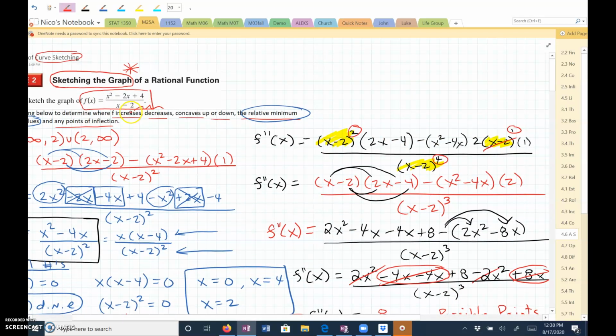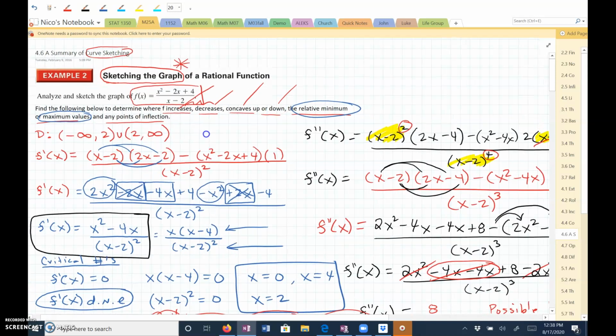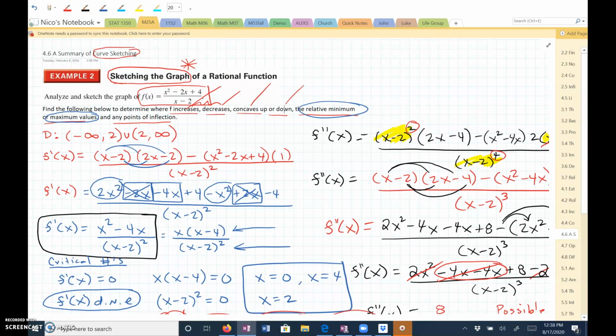Alright, so let's look here. We've figured out where the function is increasing, where it's decreasing, where it is concave up or down. We need relative min and max. We've got that. Any points of inflection. That's the only other thing we need.